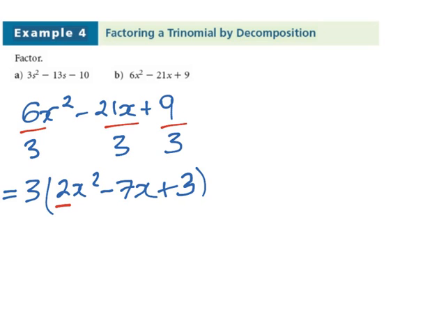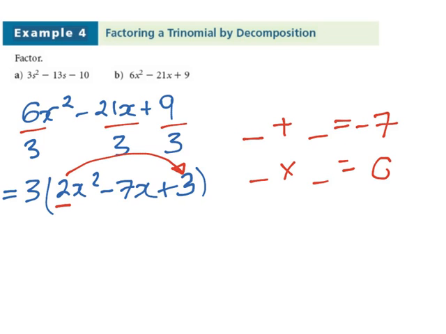And you have to ask yourself, what two values add up to the middle term, which is negative 7, and what two values multiply to get the product of 2 and 3, which is 6. And then ask yourself all the possible factors of 6.